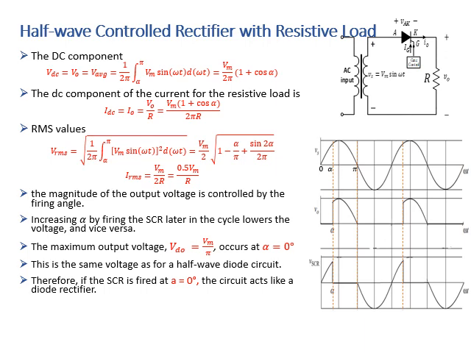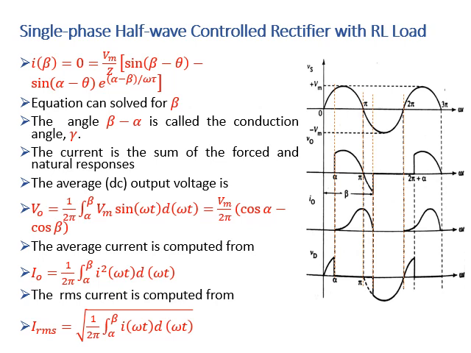We learned its complete operation and derived the expressions for the average output voltages and currents and RMS quantities of both the voltages and current. Likewise, we studied the half wave controlled rectifier with RL load, and learned its complete operation and analysis.